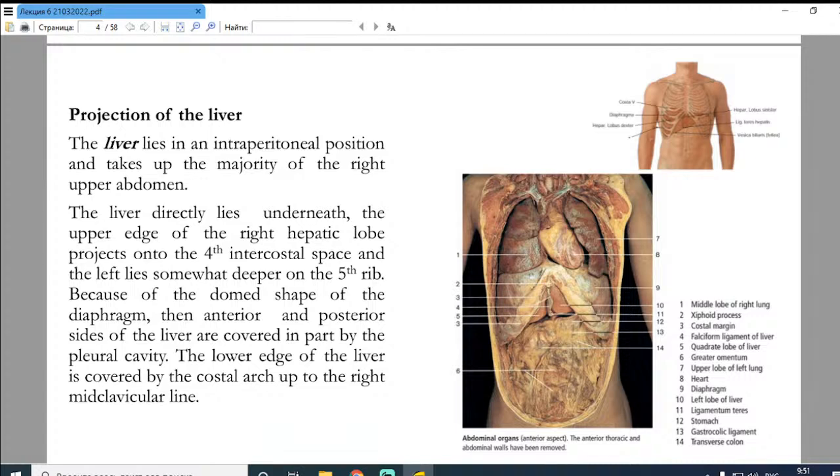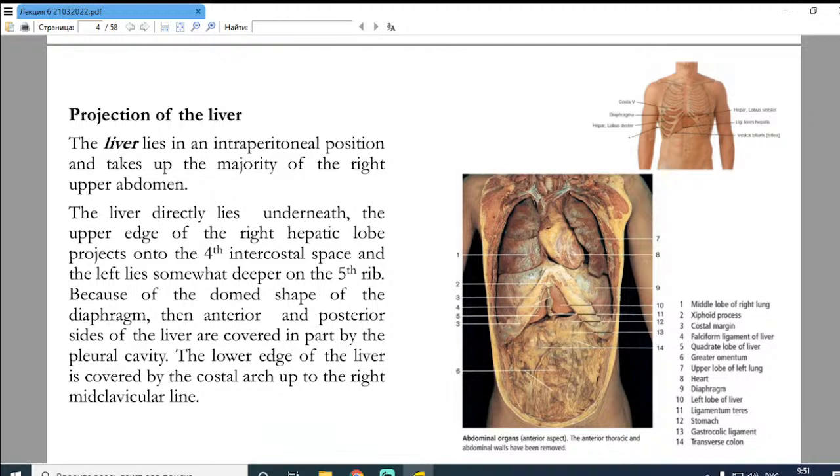Because of the domed shape of the diaphragm, the anterior and posterior sides of the liver are covered in part by the pleural cavity.